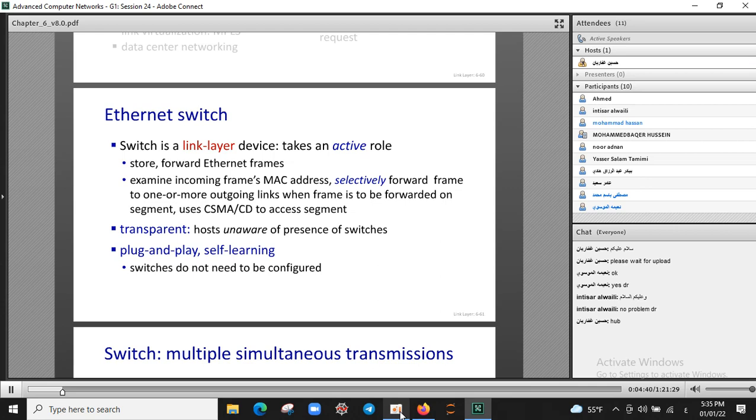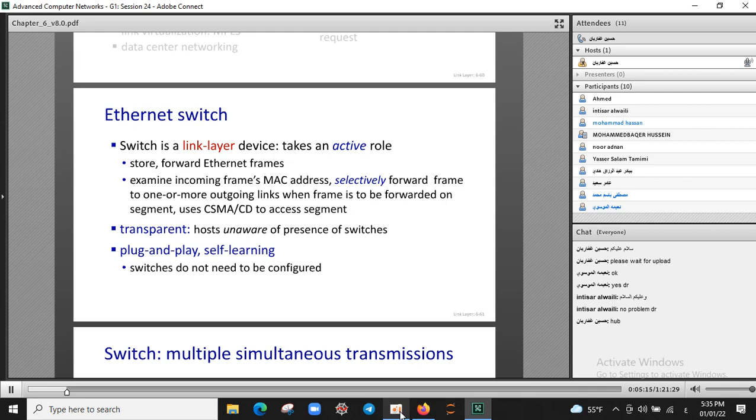So, instead of a hub, I'm using a switch, or an Ethernet switch. This switch works on layer 2, the data link layer. In the physical layer, the only things that the hub receives and can sense are some signals, and the hub has no knowledge about those signals.